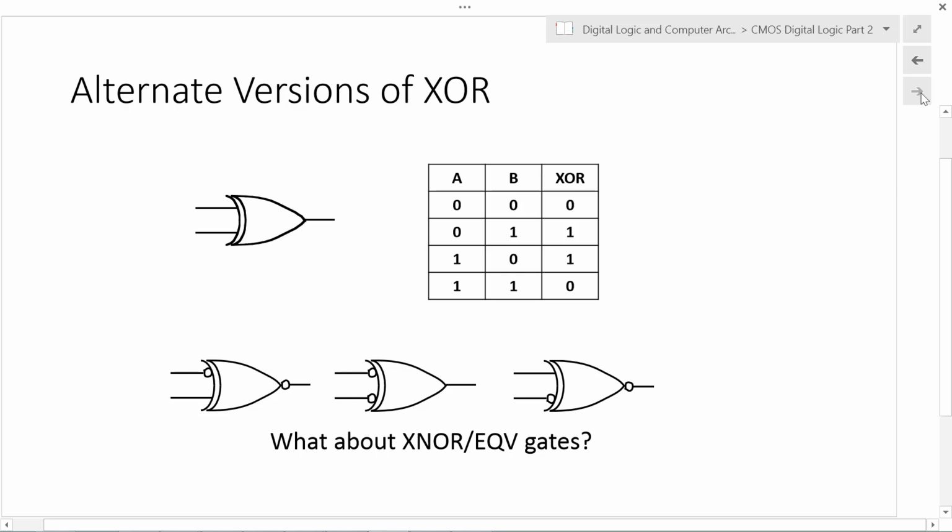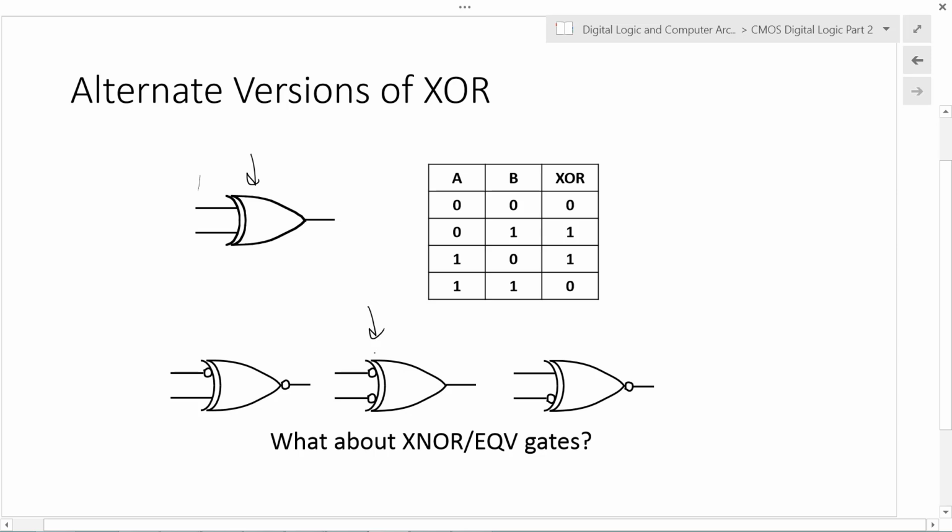There are some alternative versions of XOR that you can use to implement circuits. Your exclusive OR does not have to be clean. You can also invert multiple locations. So if you look closely here, probably the simplest to understand is if you invert both inputs.